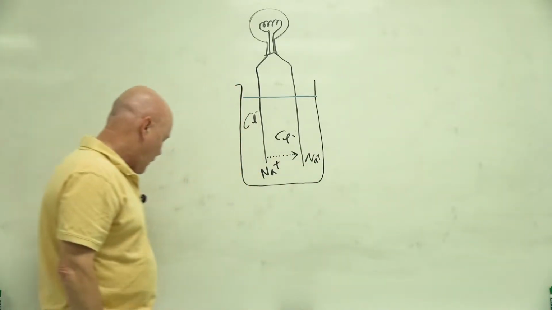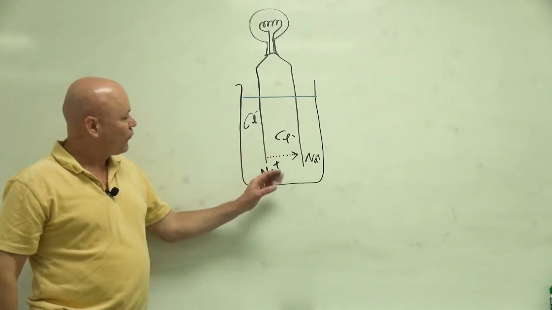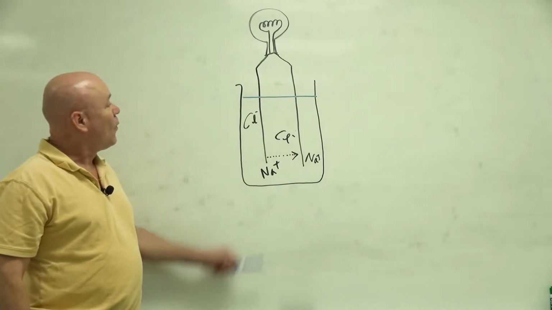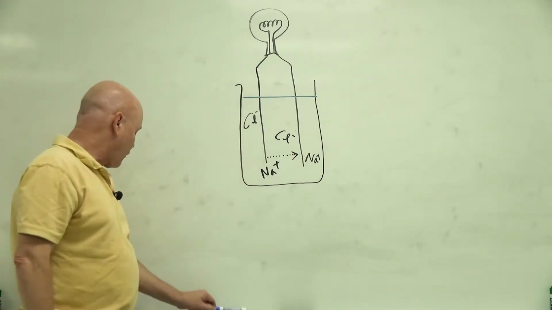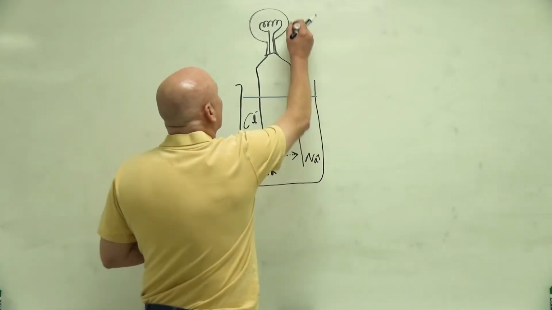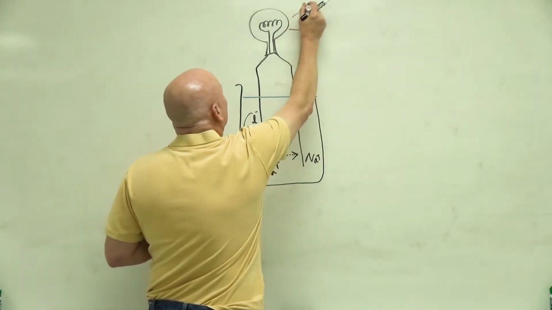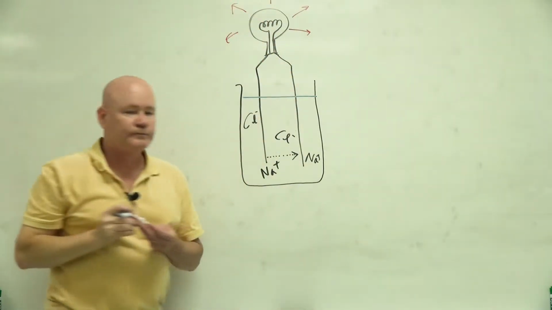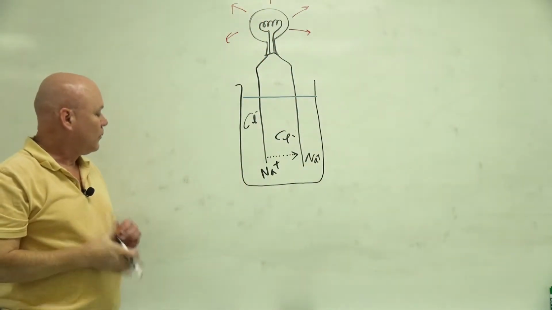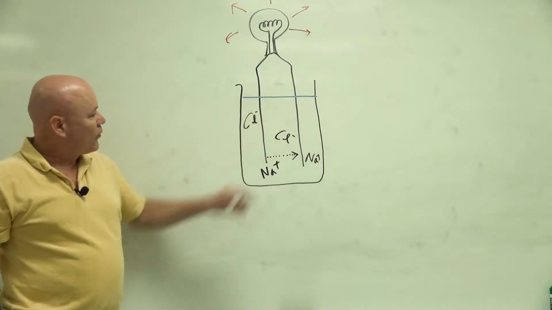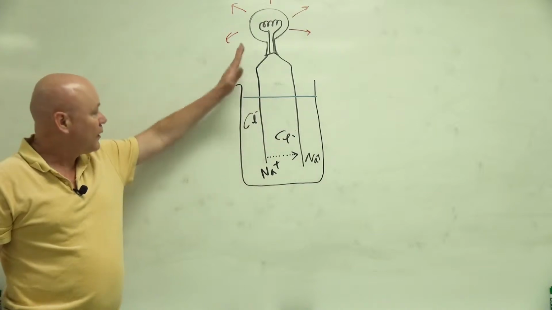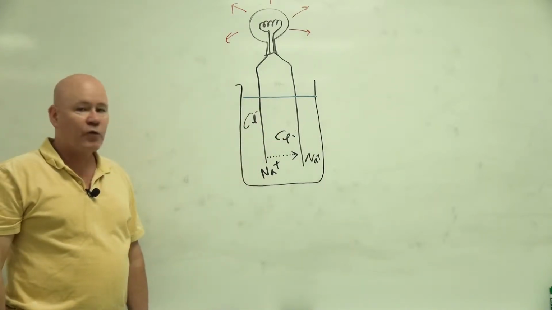So it flows, and if the electricity is catching a ride on these different ions, the light will light. This will complete the circuit between the two wires, and the light will light up. Now, you're required to have ions in water. That's how we're getting the electricity to flow.